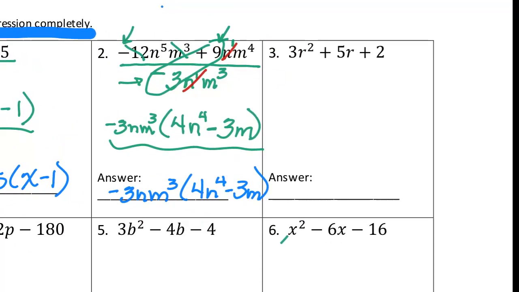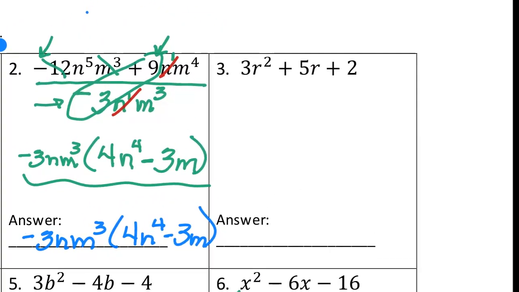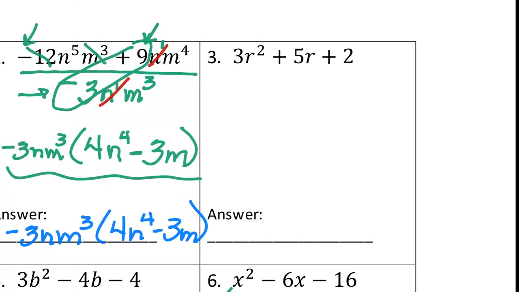All right, let's go to number 3, trinomial. What's my a value? 3. So can I do that shortcut? No, not for this one. So, first of all, though, I always need to check for greatest common factor. My smallest coefficient is 2. Will that divide into both of the other terms? No. Do I have a variable on all terms?